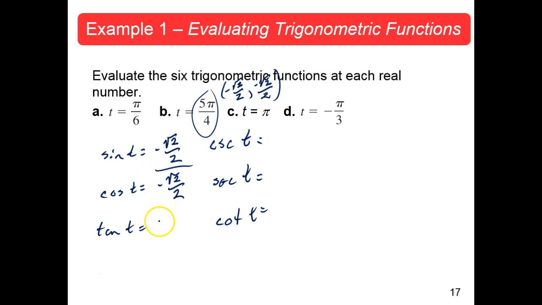And what is it? What value? 1. Exactly. Negative by negative is positive. Root 2 over 2 over root 2 over 2 is 1. Okay? That's it. Cotangent of t is 1 because it's the reciprocal of tangent. And secant of t is what?